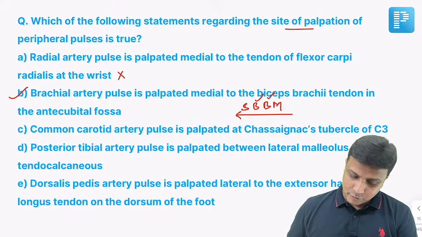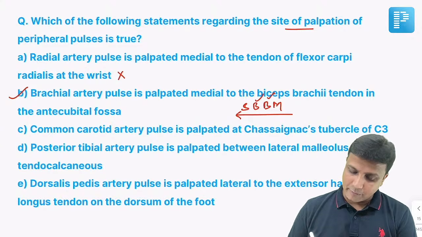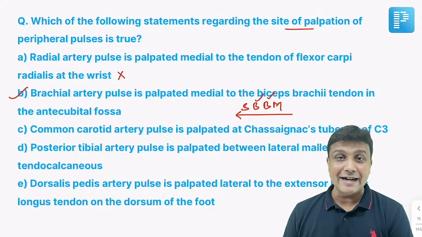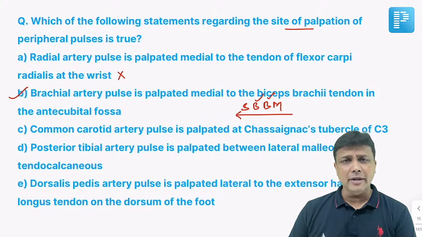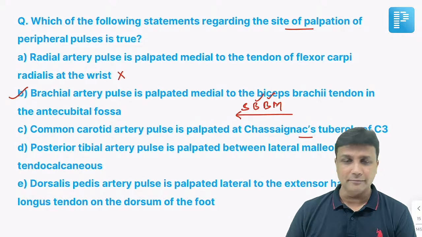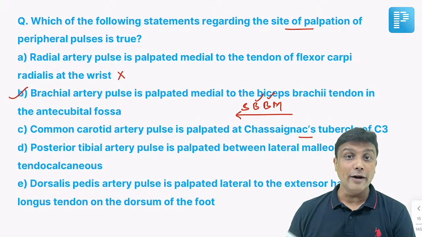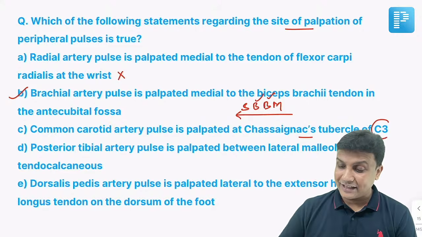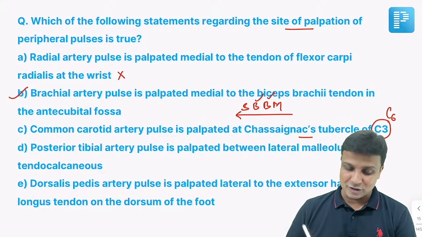Moving ahead, common carotid artery pulse is palpated at Chassaignac's tubercle at C3. Remember, the common carotid artery is palpated at this tubercle, Chassaignac's tubercle, also referred to as the carotid tubercle. But remember, it is not C3 here, it will be C6. So it's a wrong option.